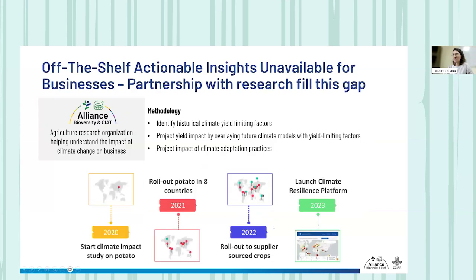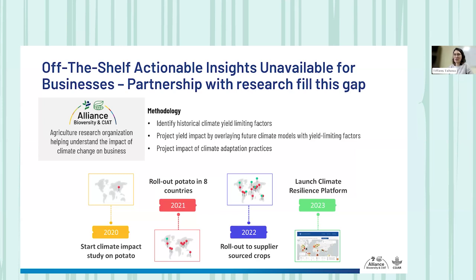So what they found is that there was no off-the-shelf solution that provided them those three pieces of evidence of the risk, business case for action, and then prioritizing where to act and what to invest in.